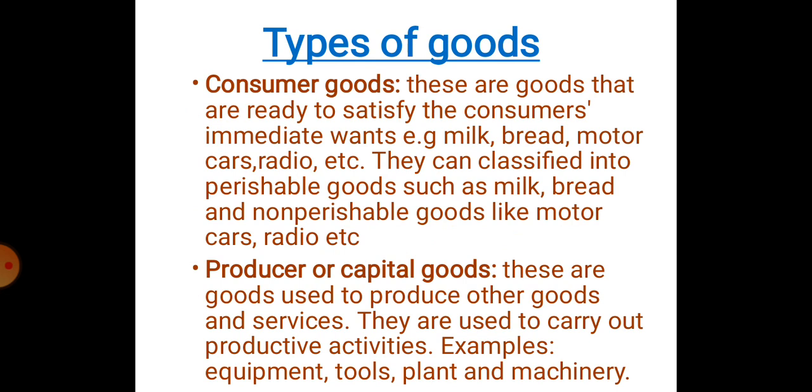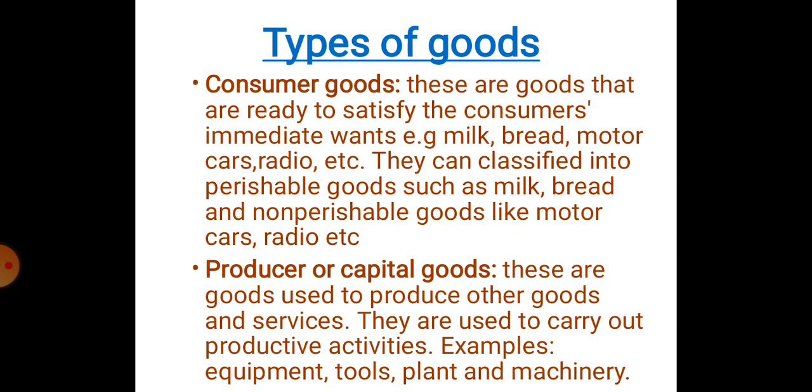Examples are milk, bread, motor car, radio set, etc. Consumer goods can be classified into perishable goods such as milk, bread, and non-perishable goods such as motor cars, radio set, television set, etc.